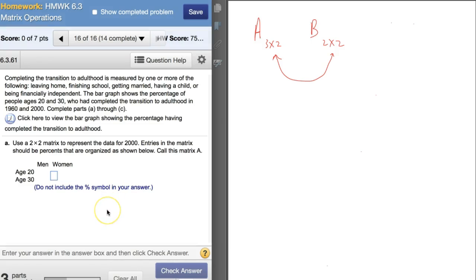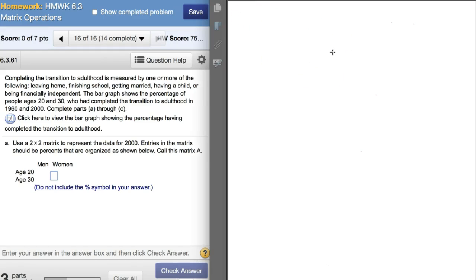All right, so moving on to the next question here. We're asked to read this and then we'll put some matrices together. So I'm going to go ahead and get rid of this. And now we'll start answering this question.